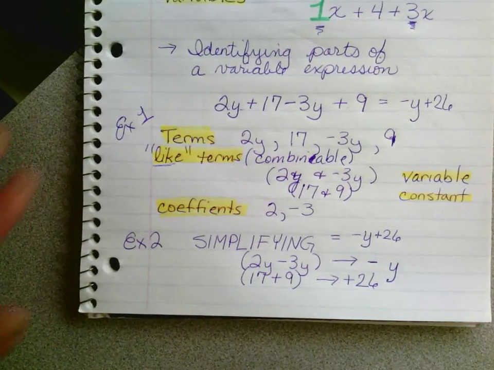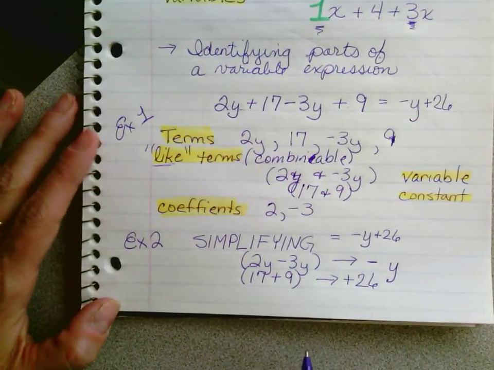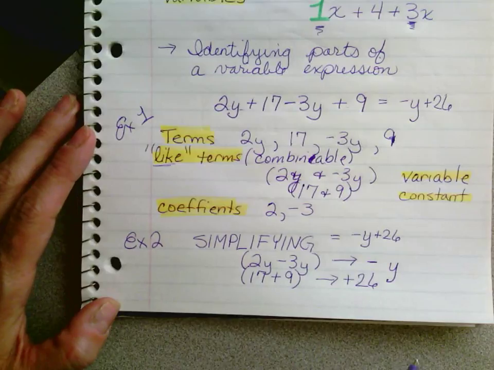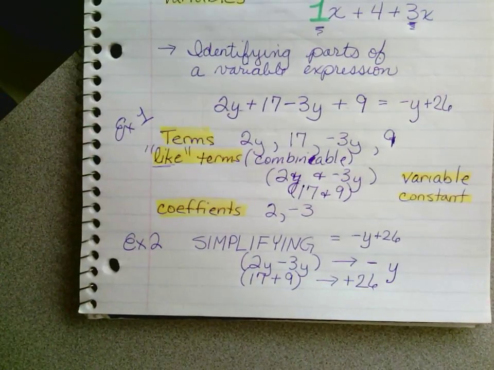Example 2, you've got your own book example that you can look at. Please look at checkpoint 2. In the middle of the page, there's bold black writing, and above it, in blue, it says checkpoint. Checkpoint 2 says identify all the terms, like terms, and so on, then simplify it.